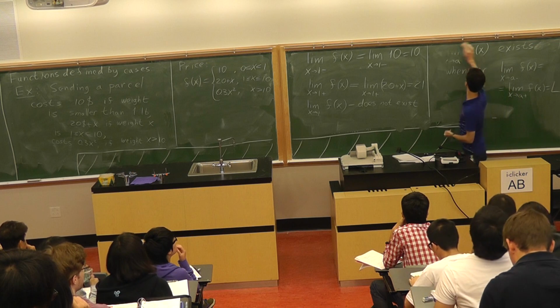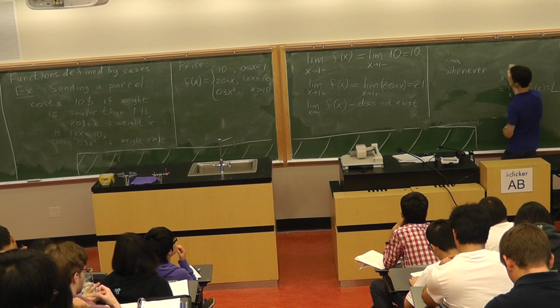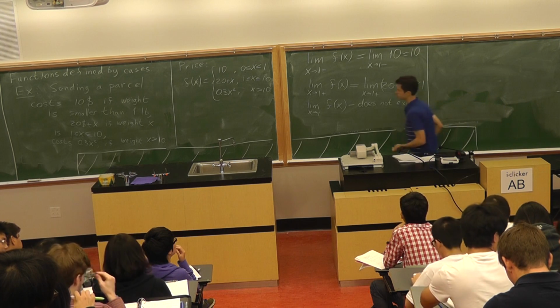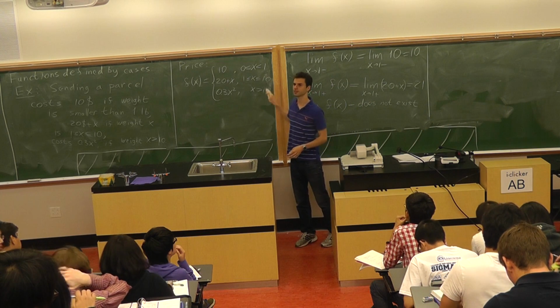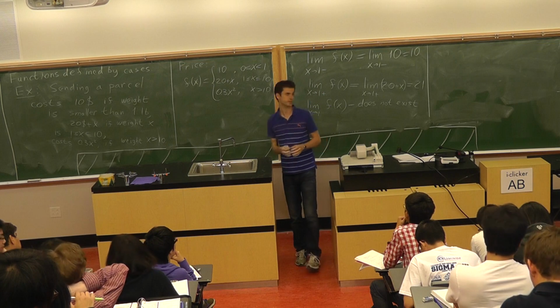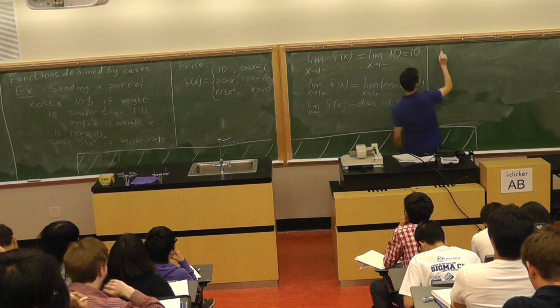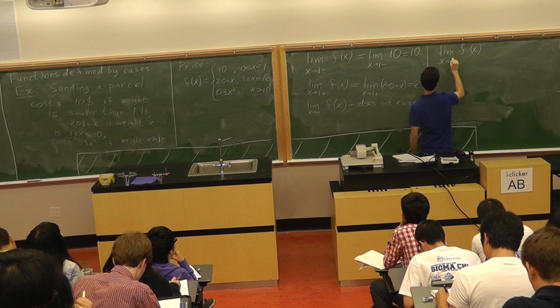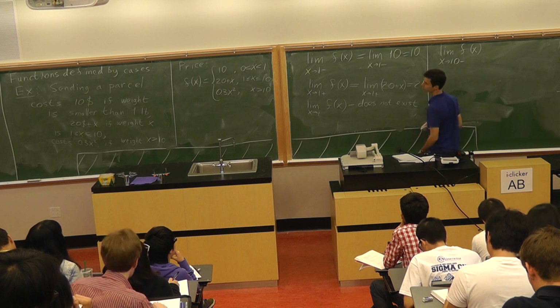Okay, let's try to understand what happens at this other final point, when the weight is close to 10. So limit of my function as x tends to 10 from the left. What is it?